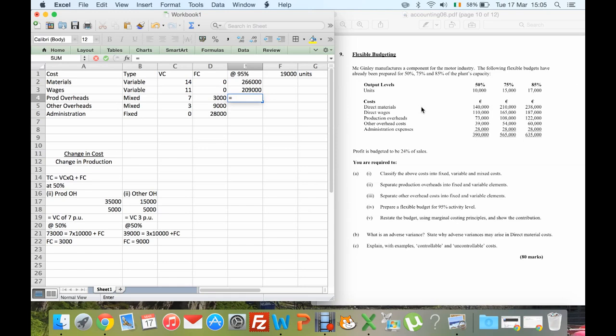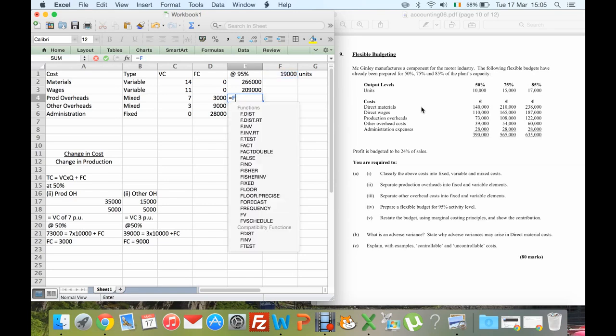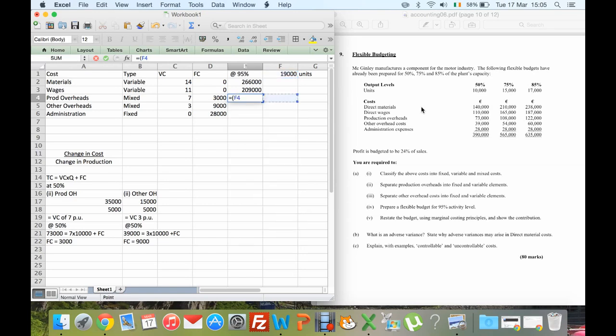For the production overheads, it's going to be 19,000 multiplied by, now put this in brackets, 19,000 times 7 for the mixed, and then we add on the fixed element. We'll do the same here, 19,000 times 3 per unit, and then plus 9,000.